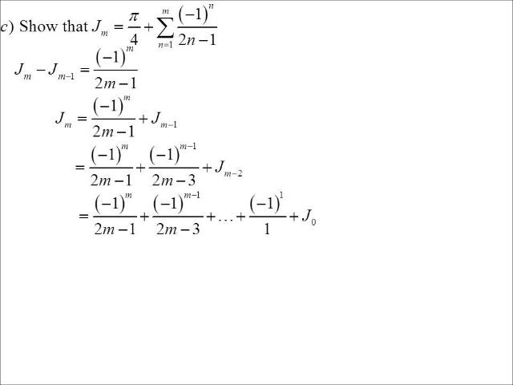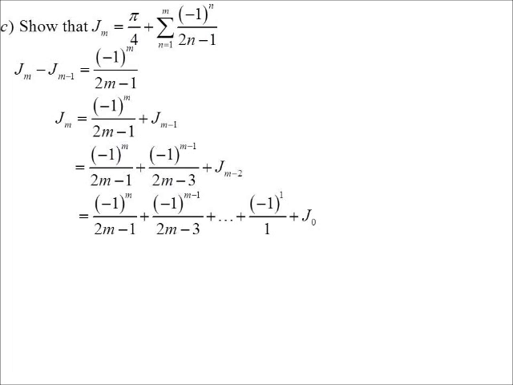So move it to the other side, and it becomes plus. But J m minus 1, I can apply the formula again. That's where this sum is going to come into it. So I'm going to apply it again, and apply it again, and apply it again. And the last time I would apply it would be when I get to J0. Okay, well let's have a look at what we've got here and start comparing.